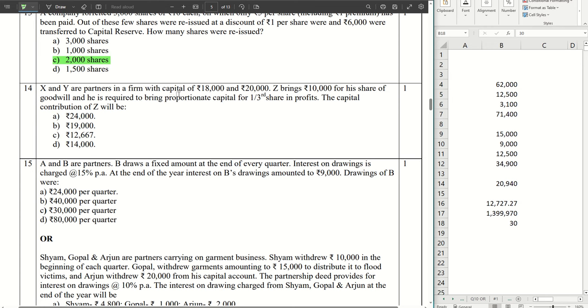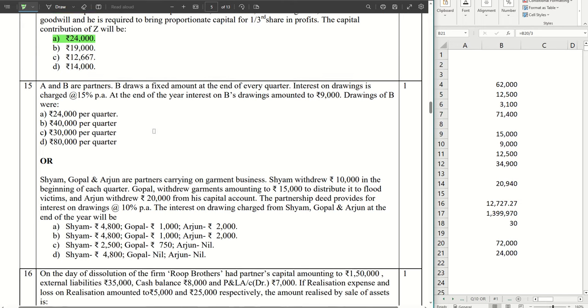So that will be added to their capital. Total capital will become in that case is 48,000, and this 48,000 represents 2/3 share. Okay, so the total capital of the firm would be how much? 48,000 into 3 by 2, 72,000. So out of this, 1/3 share will be Z. So Z will be bringing 24,000 as his capital. So option A should be the right one here.